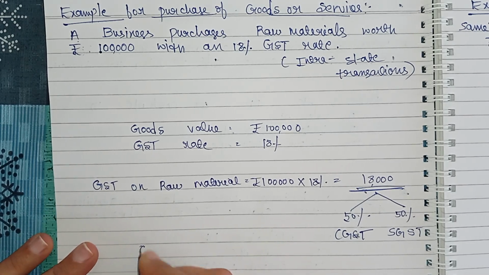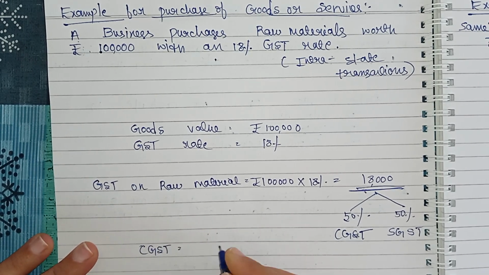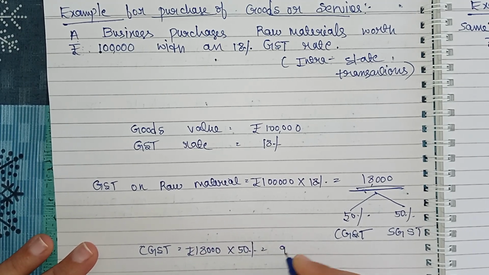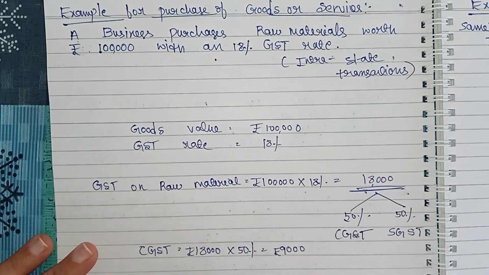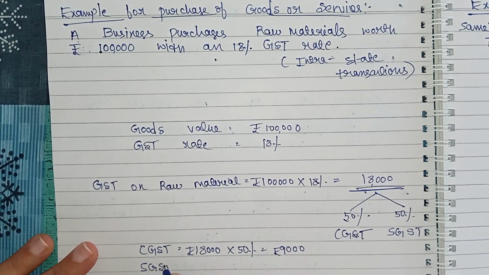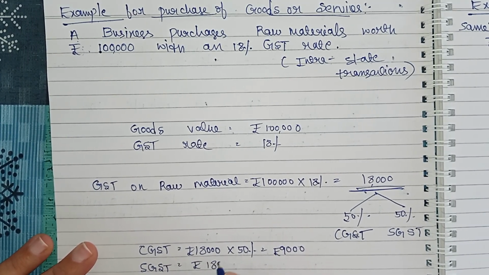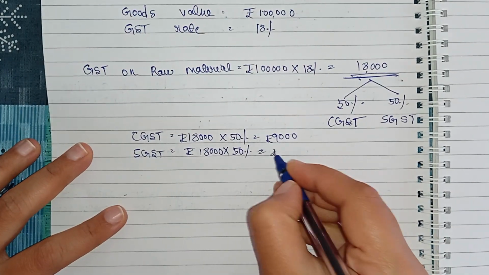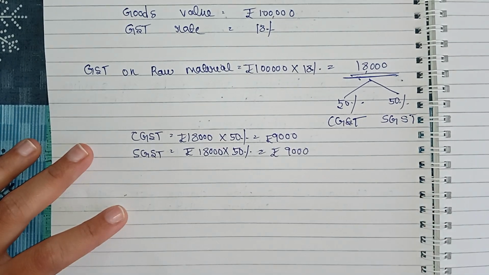CGST, Central Goods and Services Tax, equals rupees 18,000 into 50%, that is 9,000 rupees, and SGST is rupees 18,000 into 50%, that is rupees 9,000.